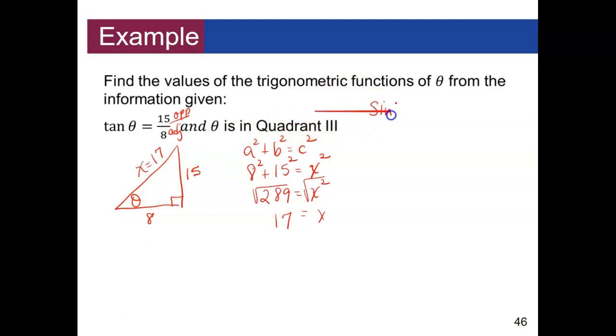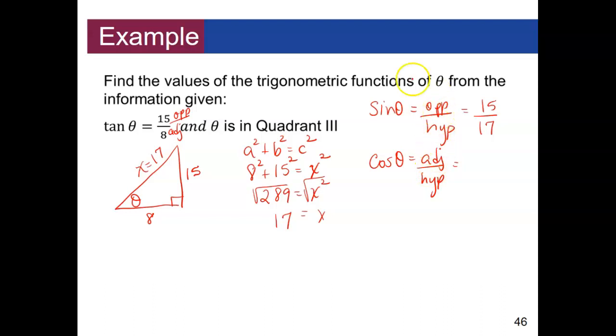Okay, so sine is opposite over hypotenuse. So my opposite side is going to be 15, and my hypotenuse is going to be 17. Cosine is adjacent over hypotenuse, and you can see why it's so important that you know these relationships. At least know sine, cosine, and tangent.